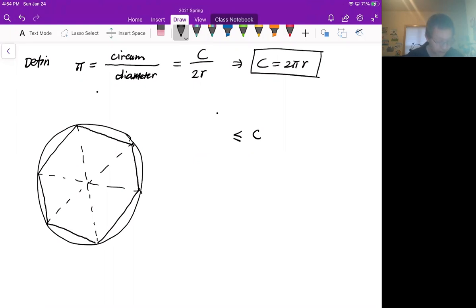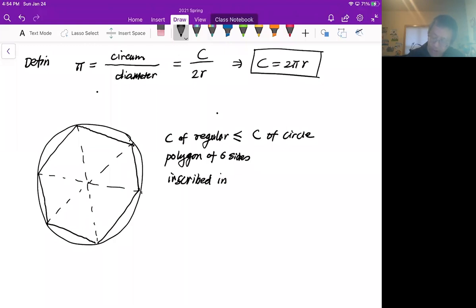So it should be bigger than the circumference of the regular polygon of 6 sides, which is inscribed in the unit circle. And on the other hand, it should be smaller than the bigger one here.